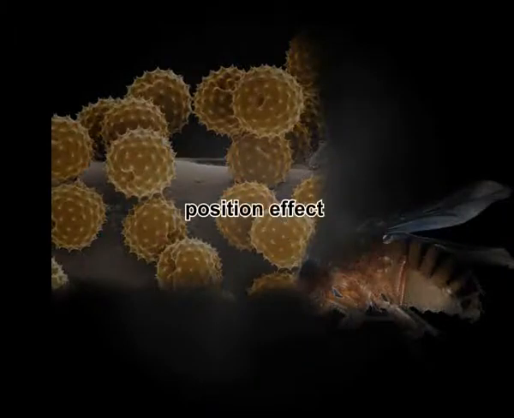Thus, the same amount of genetic information produces an altered phenotype depending on the position of the gene. Therefore, when a chromosome rearrangement involves no change in the amount of genetic material but only in the order of genes, the term position effect is used to describe any associated phenotypic alteration.